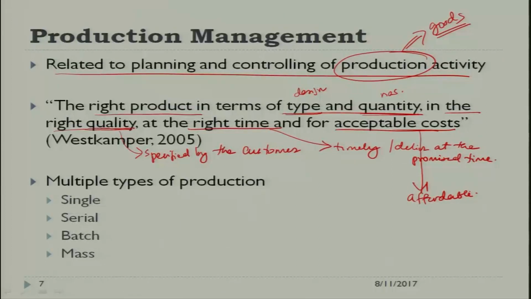Okay, that is the important aspect. It should be affordable to the customer. So, producing the right product in terms of type and design, the right quantity, and with the right quality, meeting the customer specifications, the promised delivery time is met, and within acceptable cost, meaning affordability to the customer.